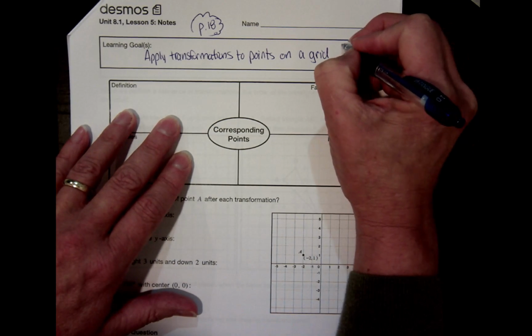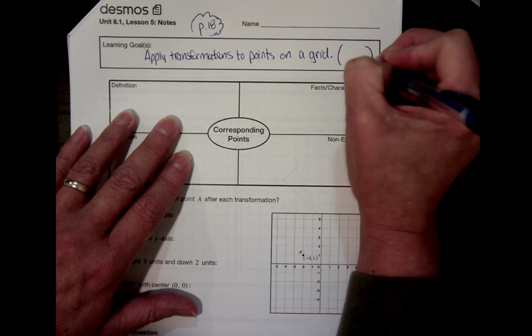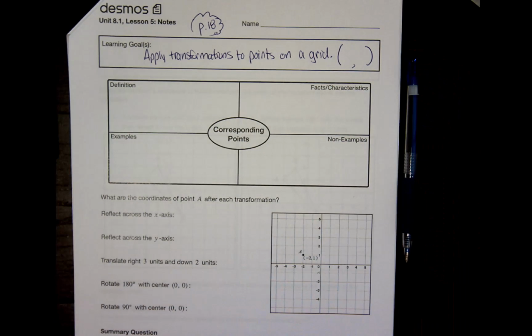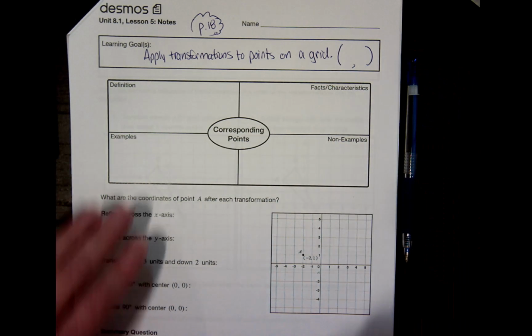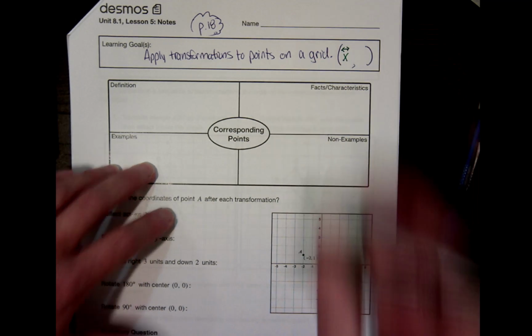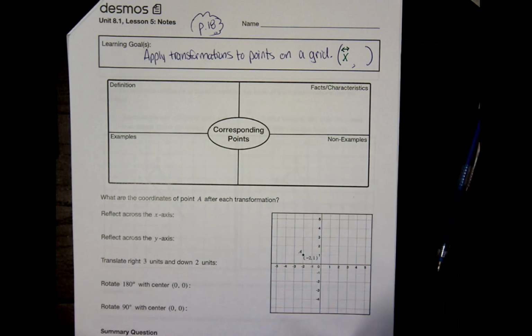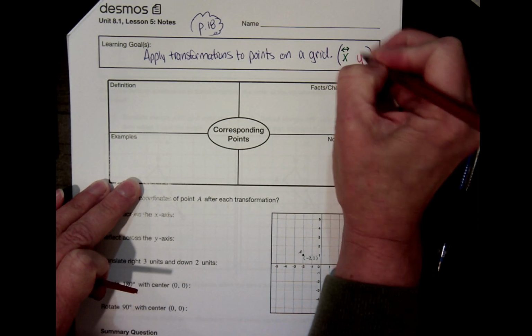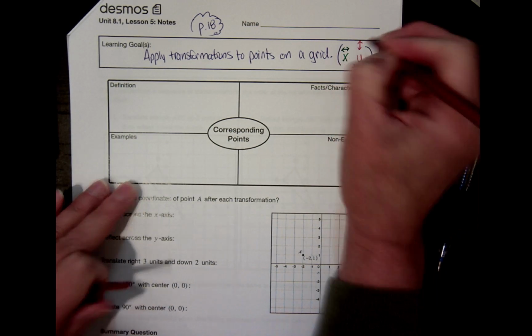And once again, I'll remind you that the x value will move you left or right from the origin, and the y value will move you up or down in your coordinate.